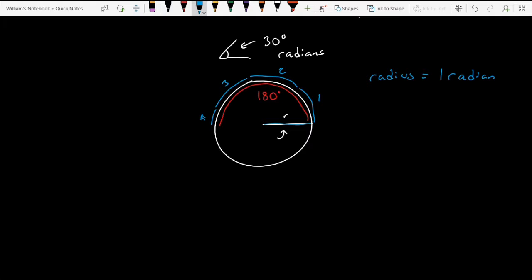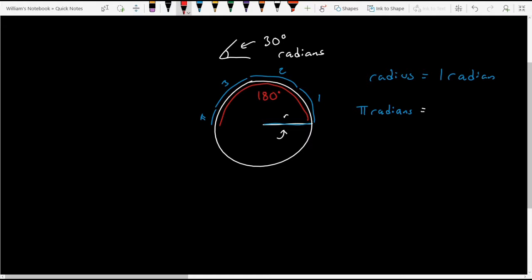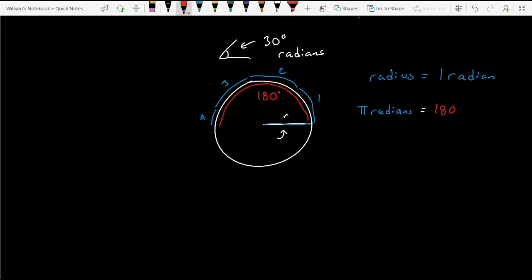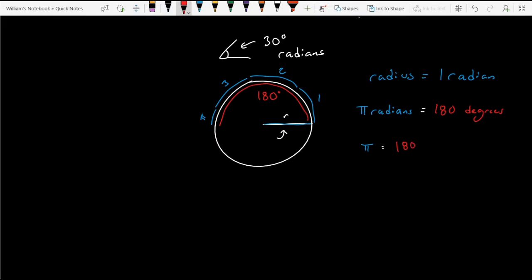So pi radians is equal to 180 degrees. This is actually a very important ratio that is used to convert from degrees to radians. For every pi radians, you get 180 degrees.